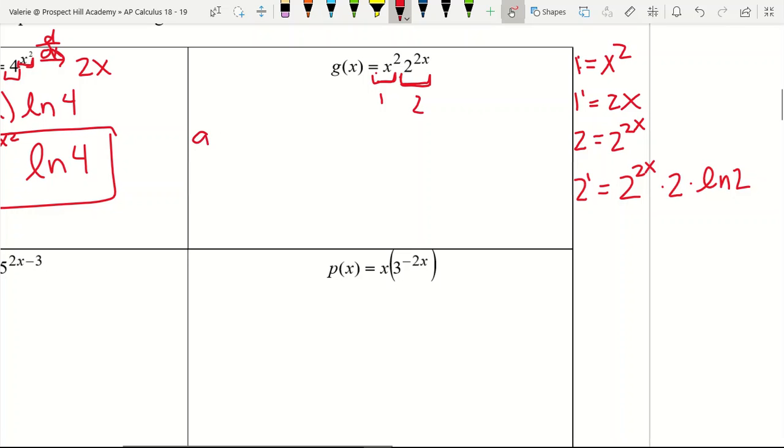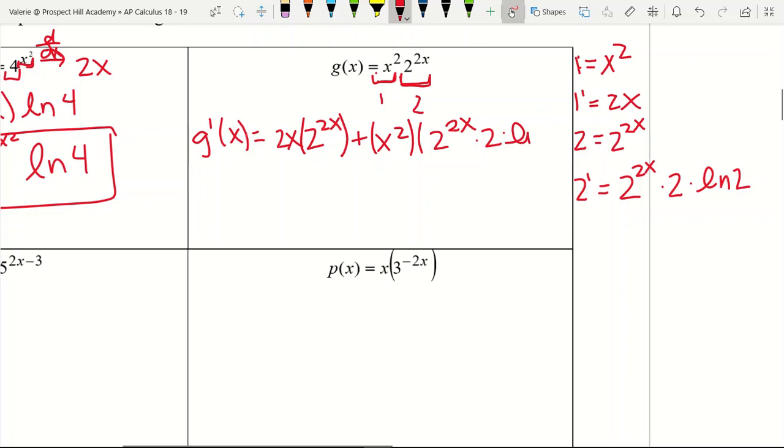So the product rule says we'll have the derivative of the first function, which is 2x, times the second function, which is 2 to the 2x, plus the first function, which is x squared, times the derivative of the second function, which is 2 to the 2x times 2 times ln of 2.